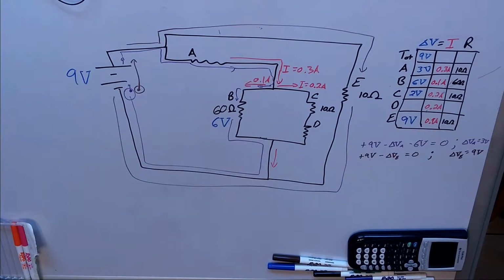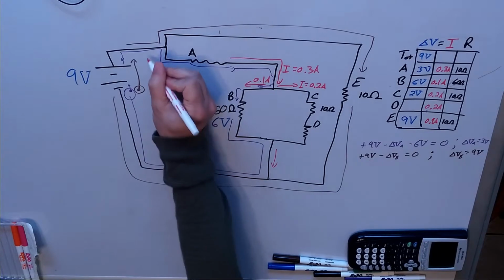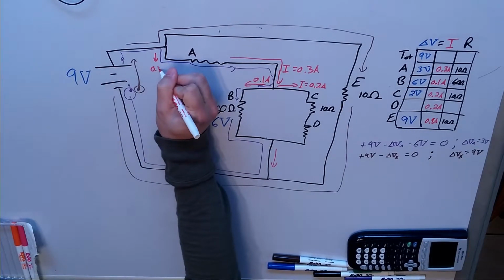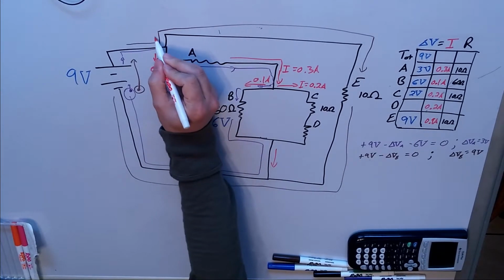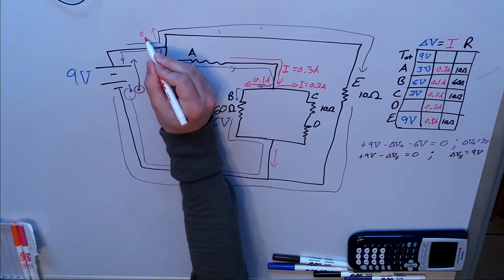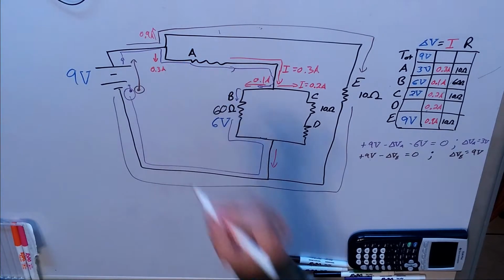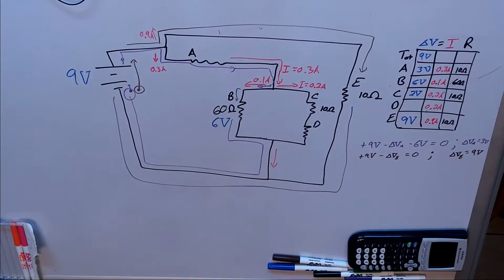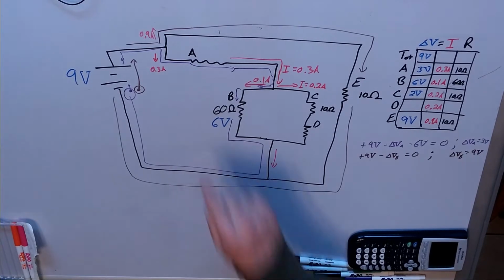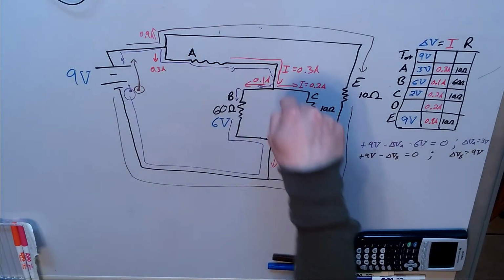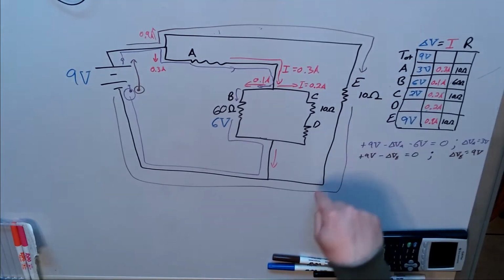There are some additional things that we can do now. Now that I know that I've got 0.3 amp going this way, and I will preface this by saying you may already be working on a different part of this. There's a bunch of different ways that you can go on this. I'm just seeing some of the things that I can fill in. I know that 0.3 amps goes down through this branch, and 0.9 goes through this.